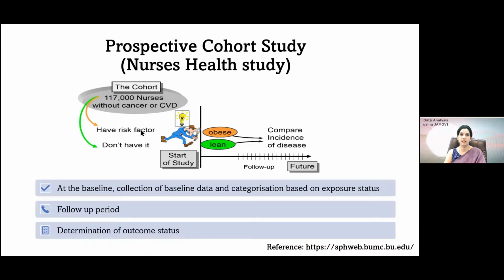Initially they were divided by the risk factor, which was obesity, so obese and lean, and then they were followed up for the development of the outcome. The outcome compared was cancer or cardiovascular disease. So at the baseline there was a collection of baseline data, then there was a follow-up period, and then there was a determination of the outcome status.